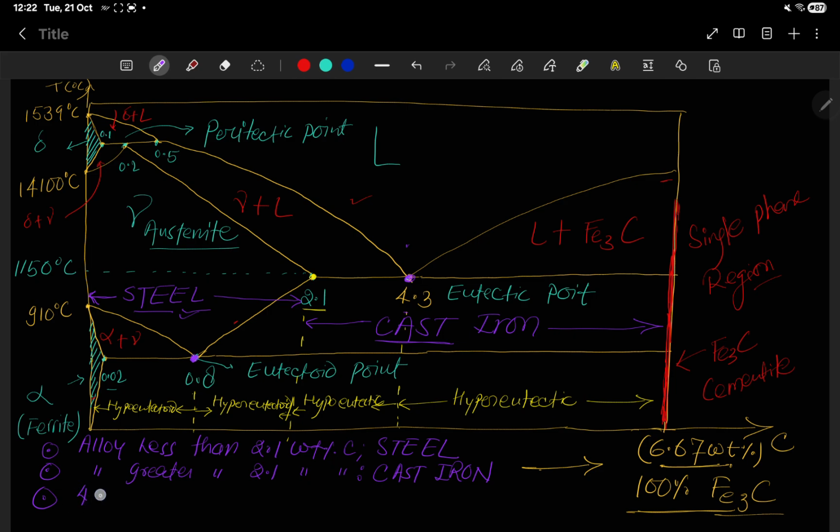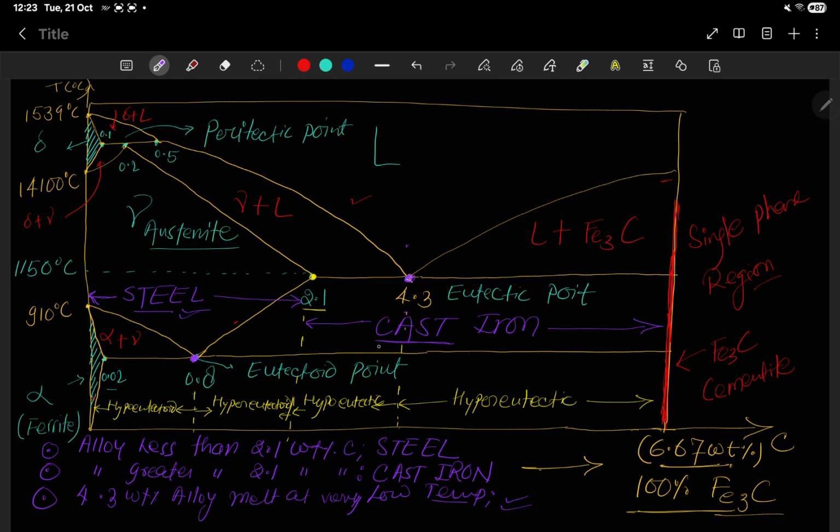A 4.3 weight percent alloy melts at a very low temperature, and hence this low melting temperature is beneficial for the casting process.